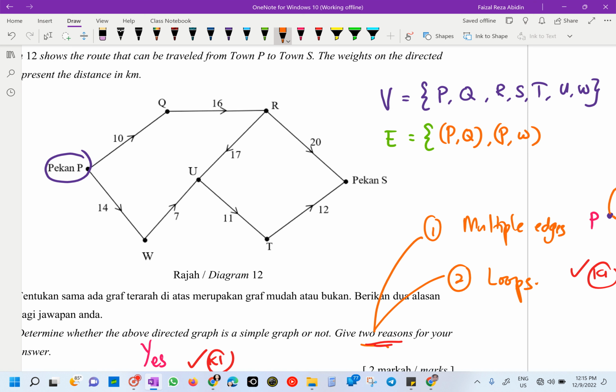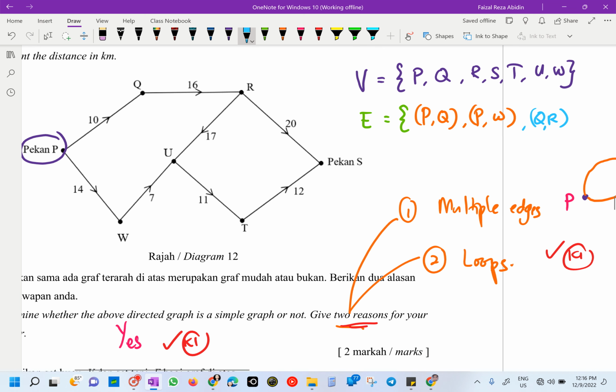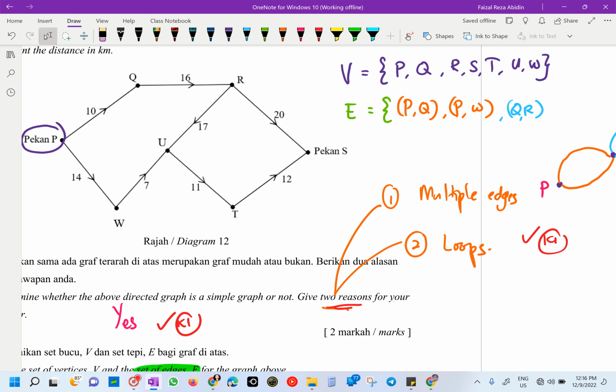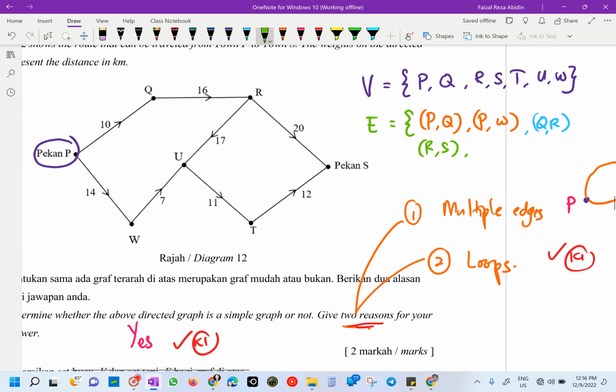After we finish our vertex P, we are going to look at our vertex Q there. We are going to have only one there. Yes, QR. After that, our R here. So it is going to be R to S, two of them, and RU. You are going to get two edges there.